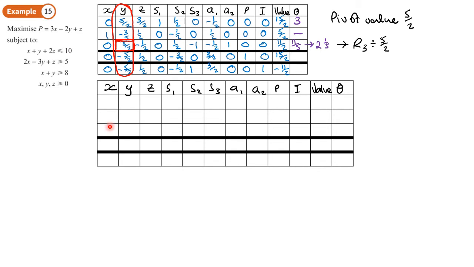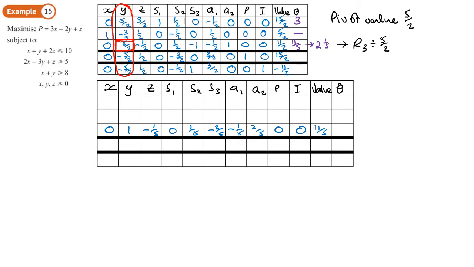So we can now work out what our new row 3 is going to be. And those values are going to be 0, 1, minus a fifth, 0, 1 fifth, minus 2 fifths, minus a fifth, 2 fifths, then 0 here and 0 here, and then a value of 11 over 5.